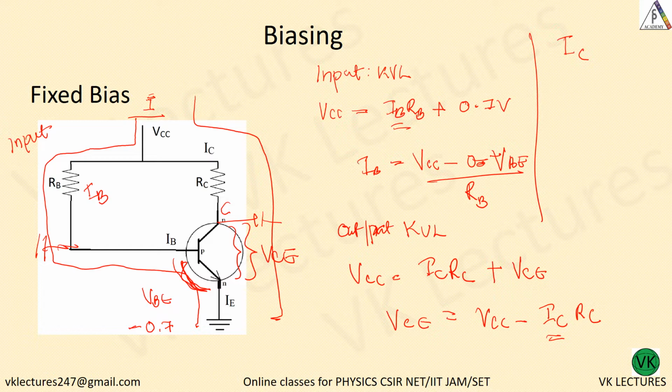From common emitter configuration, you know IC is equal to beta times IB. You can substitute this value here because you already know IB, and beta of the transistor will be given.